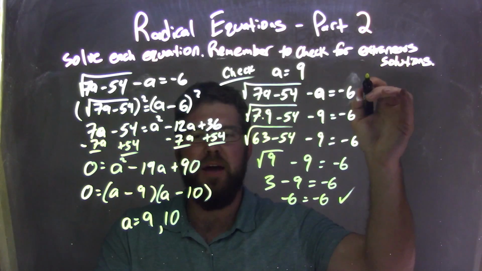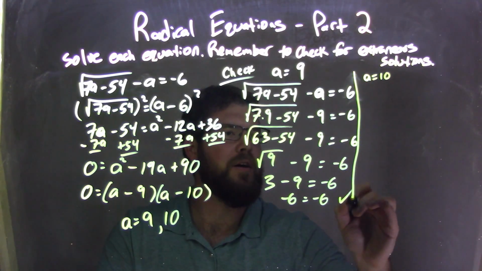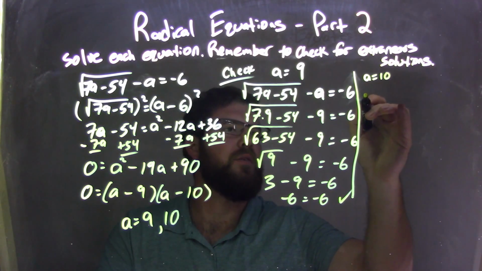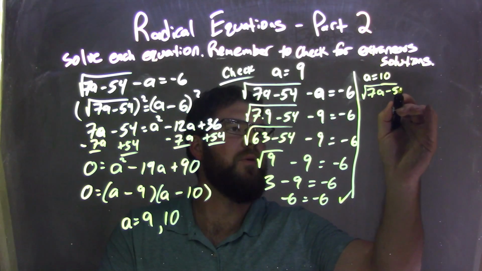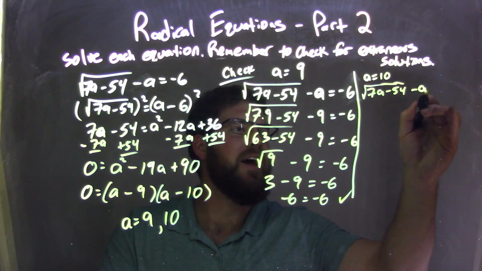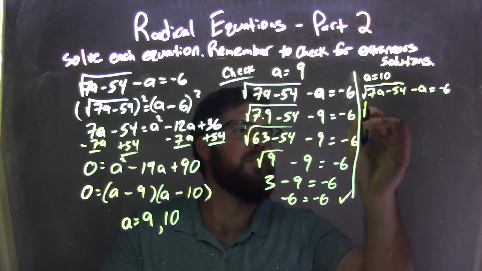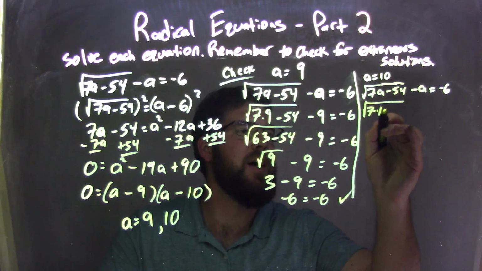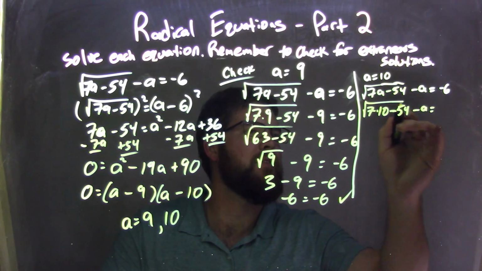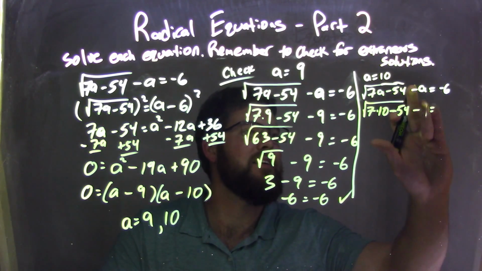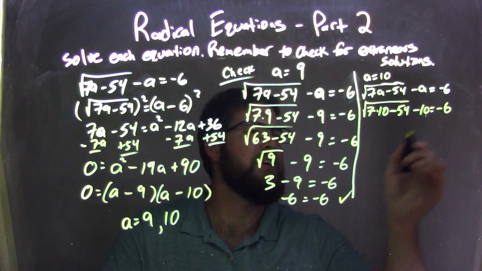Now I have to do the same check for a equals 10. So let's put a little wall here to separate them. The square root of 7a minus 54, minus a, equals negative 6. I plug 10 in for a: the square root of 7 times 10 minus 54, minus 10 outside of the square root, equals negative 6.